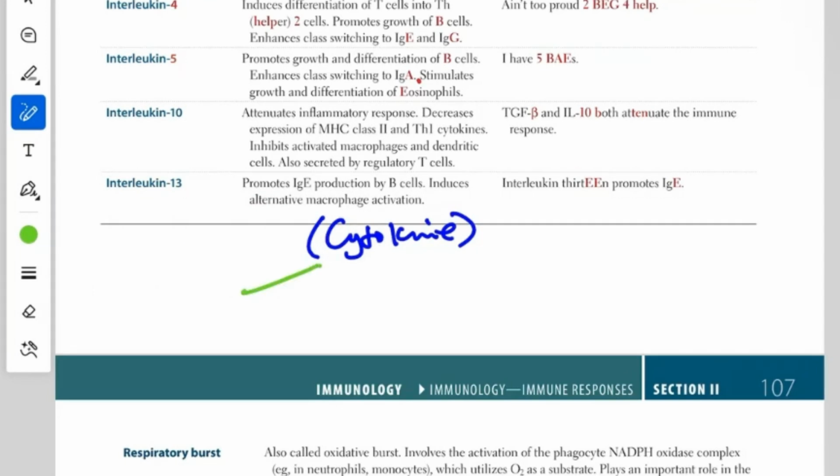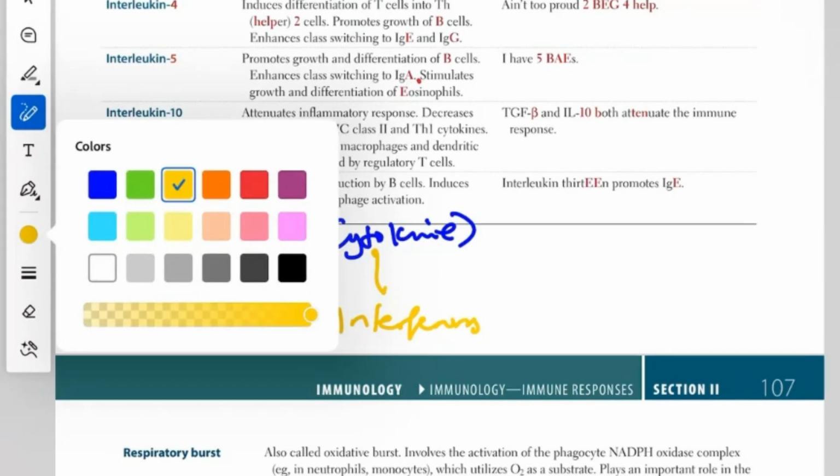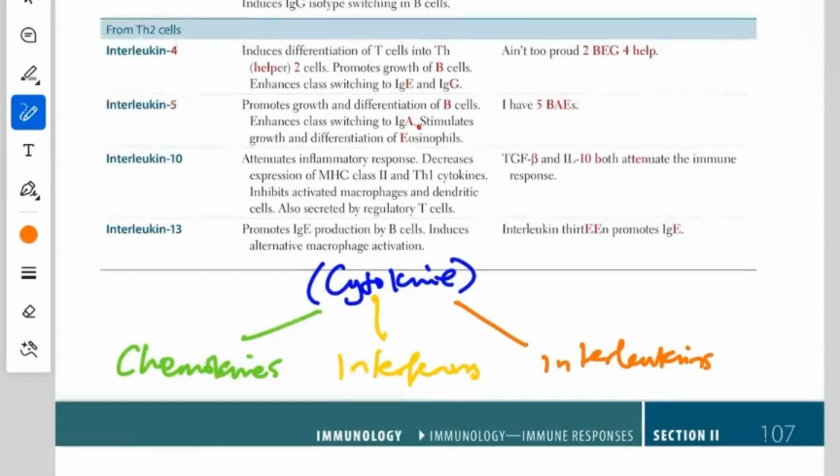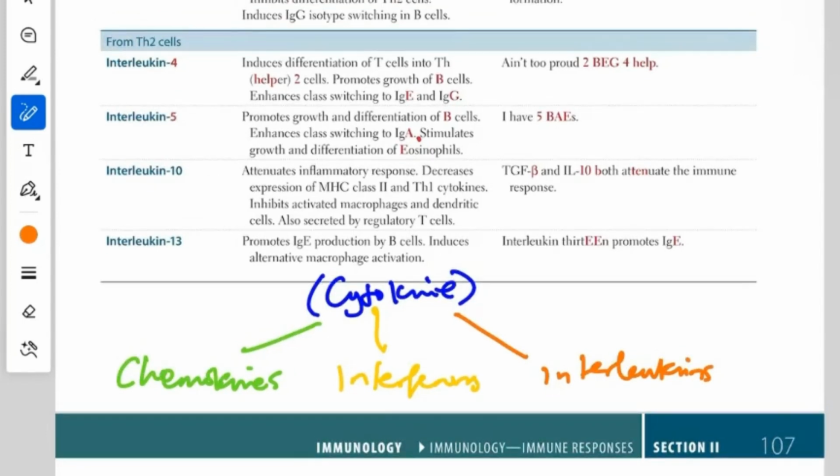First one, you talk of chemokines. Another group, you talk of interferons. Another group, you talk of interleukins. This is where you find the interferon alpha, beta, gamma. And then the chemokines.